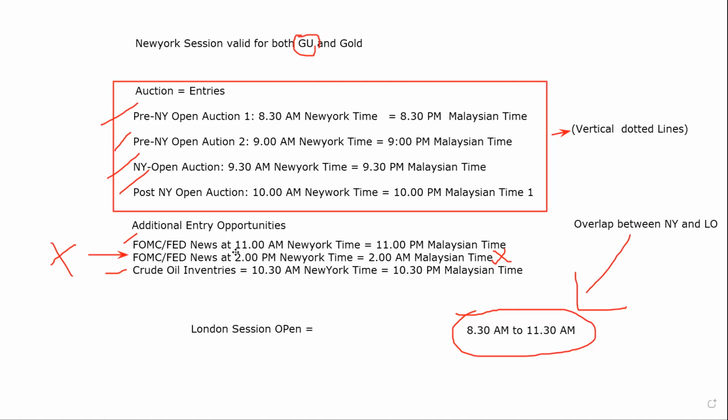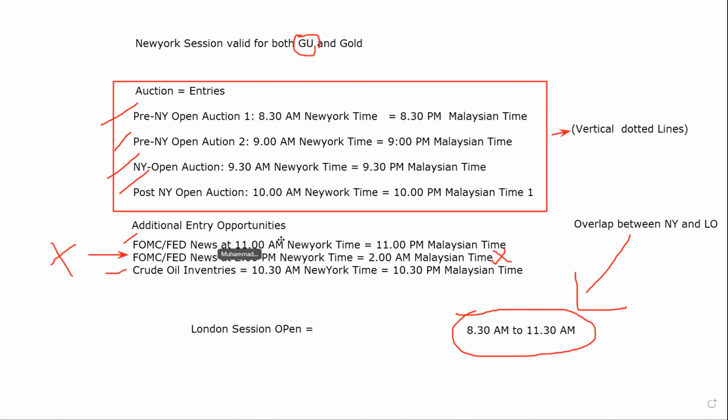For gold, you can trade. Any questions so far? The 11:30 a.m. is London close, right? Yes, 11:30 a.m. is London close. And there's an overlap between the London session and the New York session from 8:30 a.m. to 11:30. That means you can cover all of these news events, all of these auction entries.